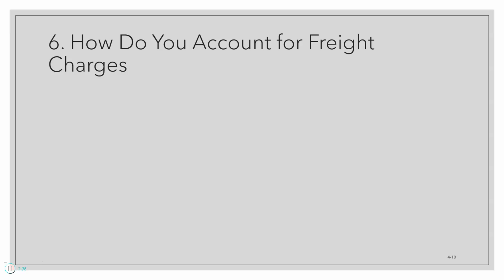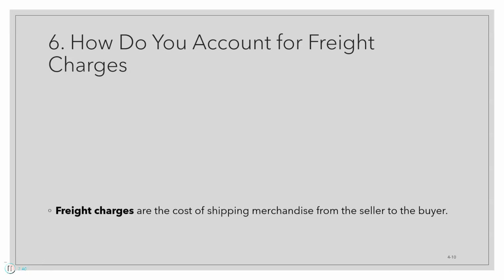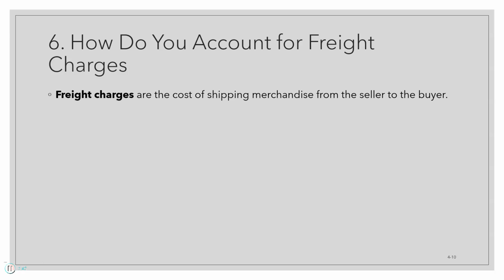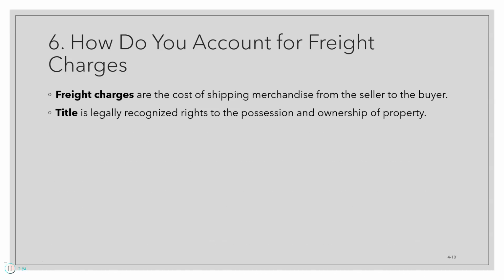Now let's talk about freight. We're mainly talking about freight charges, and the focus here is who pays the cost, because that determines who books it. And it all has to do with when title legally passes.